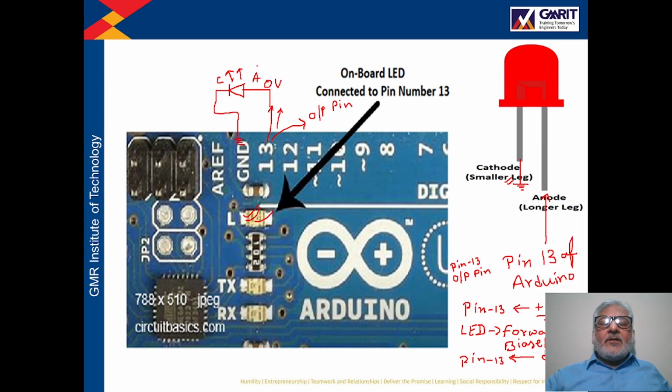So now you can see here anode is 0 volt, cathode is 0 volt. So there is no potential difference. If there is no potential difference between anode and cathode, then this LED is under reverse biased condition. So in this case, this LED is reverse biased.